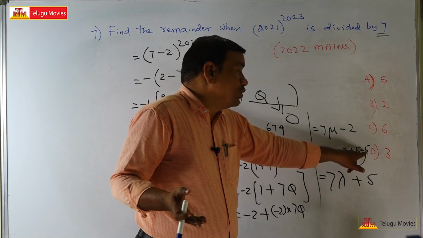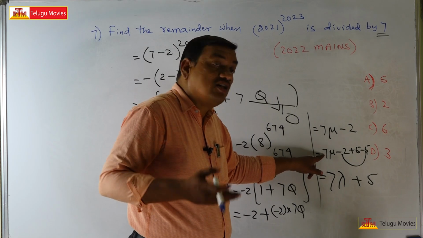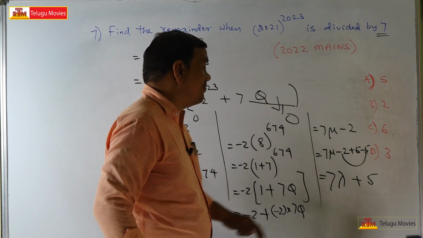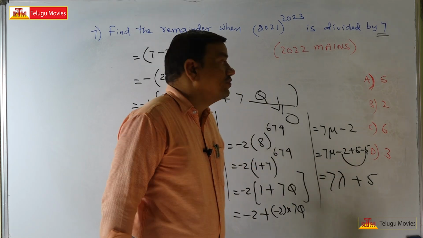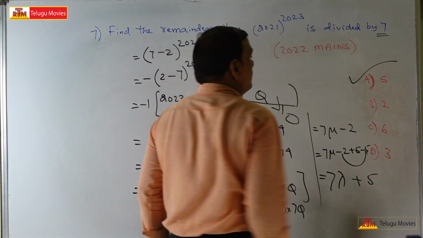That means minus 2 minus 5 is minus 7, and here also 7 is there, so you can take 7 common outside. You can write it as 7 into some integer plus 5. Of course you can add many numbers, but you have to add the least one. Therefore, 5 is our right answer.